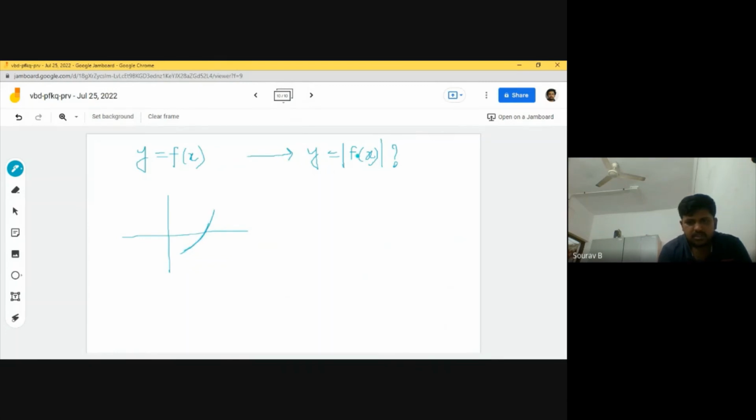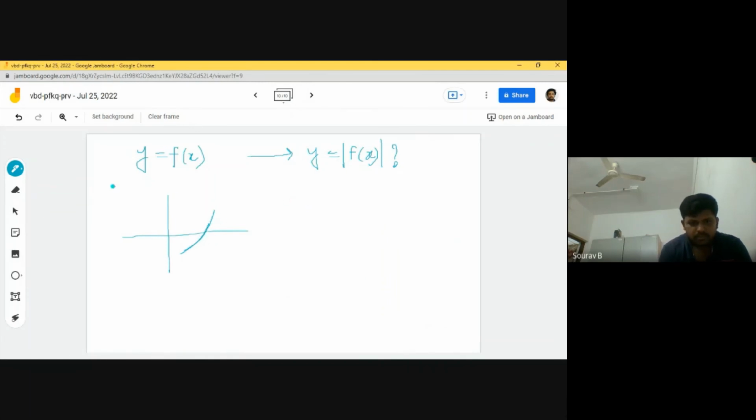You have to find y equal to mod f of x. So see one thing: mod f of x denotes that y is always positive. Whatever be the value of x, y will always be positive because this f(x) is under mod. So here y is negative in that portion and y is positive in that portion.